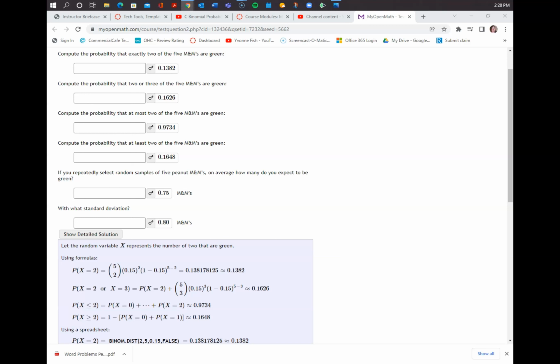I entered in 5, because that's the most that we'll have, that's our total pool. Then I put in the 0.15 here, and my lower and upper bound for probability is always 0 up through 1.